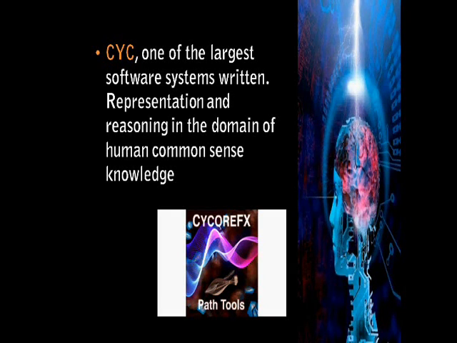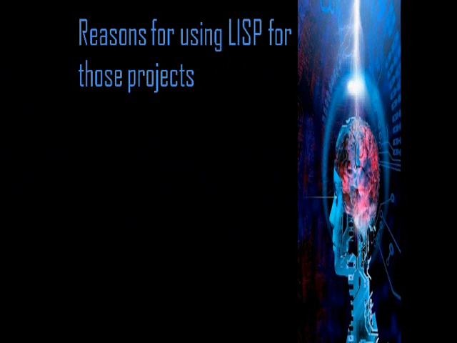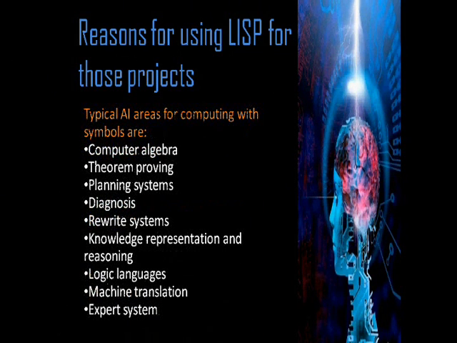Representation and reasoning in the domain of human common sense knowledge. We discussed the famous applications that use Lisp as their basic programming language tool. And here we take a look at the reasons why.